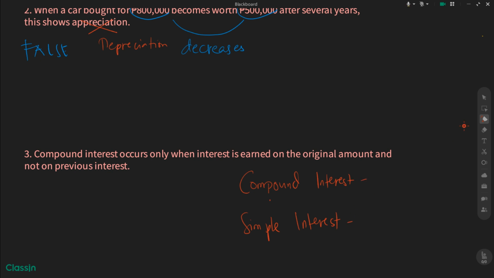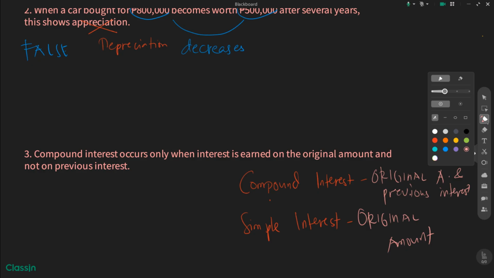Let's have first the simple interest. For simple interest, the interest happens on the original amount, while for compound interest, it is the original amount and the previous interest.